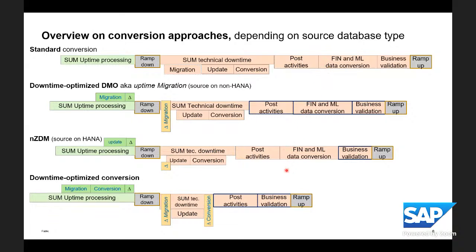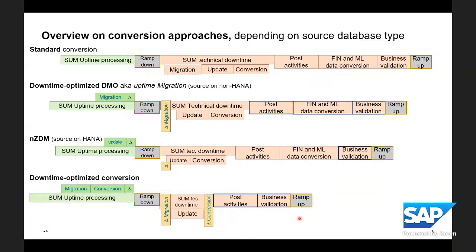But in here, for downtime optimized conversion, there is no fin or material ledger data conversion after software update manager. It's all covered by the tool. And so there we have a drastic reduction. Again, it comes with higher effort, so it has to be evaluated whether the effort is worth it to have additional testing and some restrictions that are to be discussed.